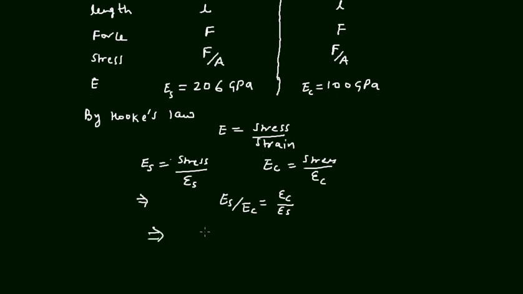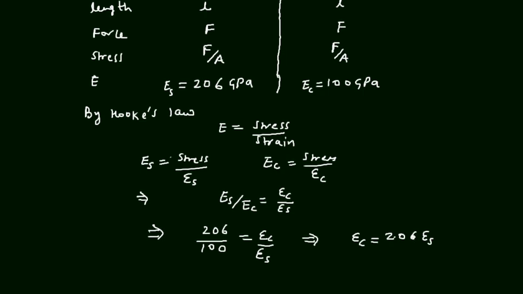Or ES is 206 and EC is 100, strain of cast iron divided by strain of mild steel. From this we can see the strain is 2.06 times that of mild steel. Hence the strain in both rods are different. In cast iron the strain is higher compared to mild steel rod.